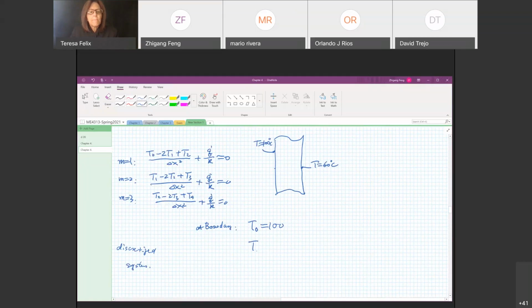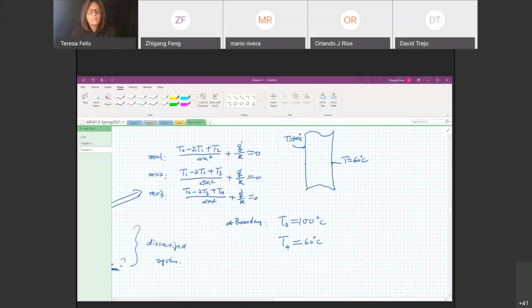And the last node, T4, will be equal to 60. Okay? So basically for these 2 nodes, we already know the temperature. So now we reduce the total number of equations into 3 and total number of unknowns into 3. So we have 3 equations with 3 unknowns T1, T2, T3.